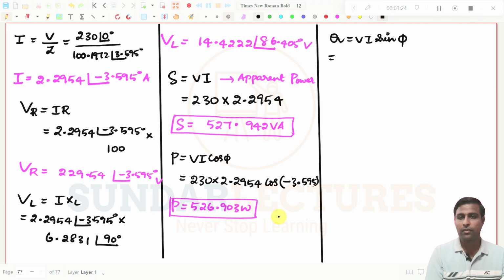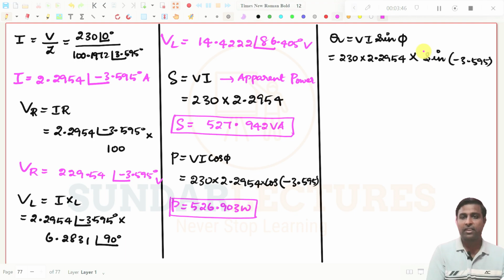If I substitute, this will be 230 into 2.2954 into sine of minus 3.595.